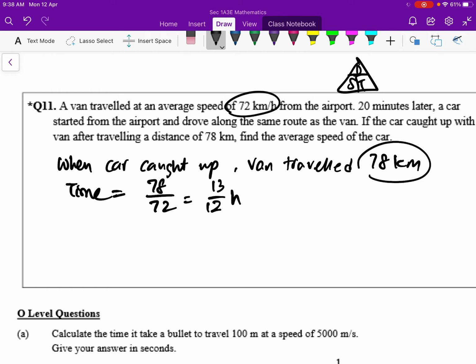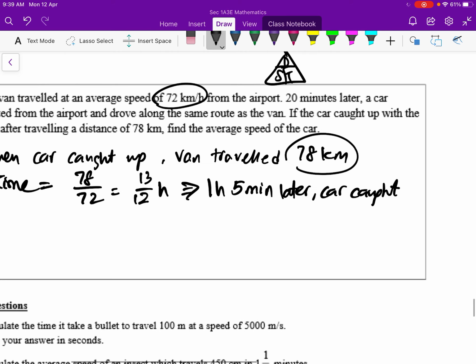1 hour 5 minutes later, the car caught up with the van. So that's what's happening over here.